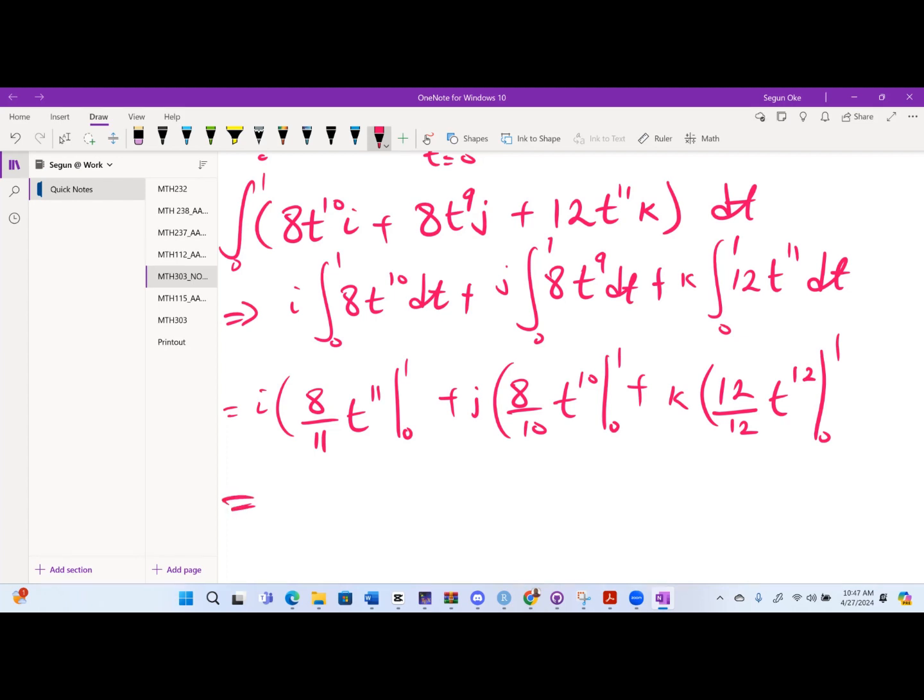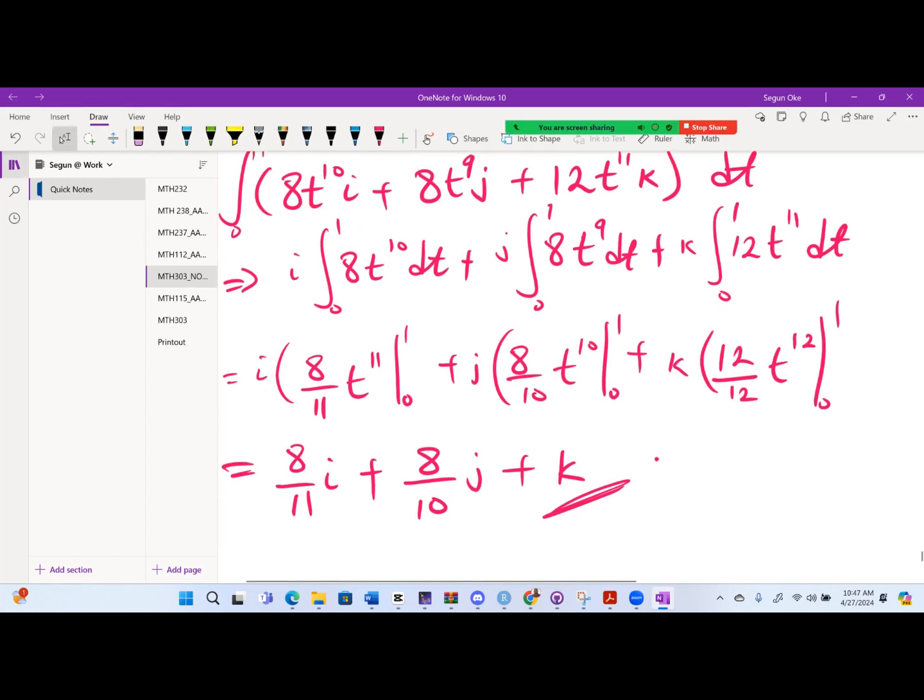So if I substitute the value, anywhere I see t, put 1 there. I will have, at the end of the day, 8/11 i. If I substitute here too, I will have 8/10 j. This one will cancel, remain 1. If you substitute 1 there, I will only have k, because k multiplied by 1 will give you k. So that is how to solve this type of question.